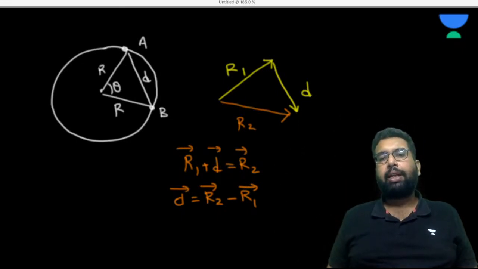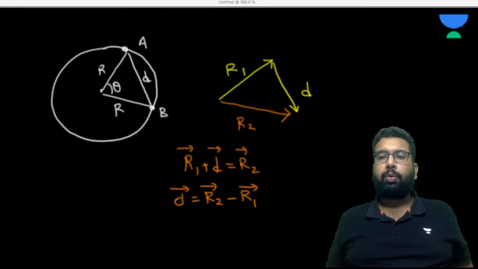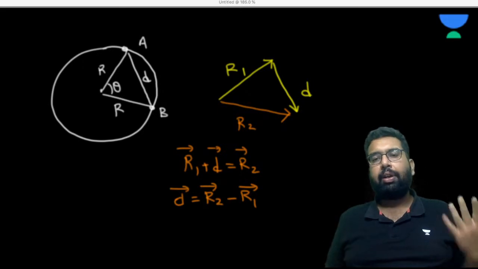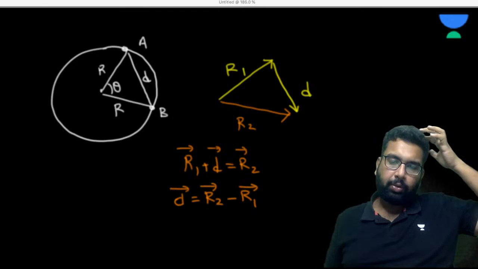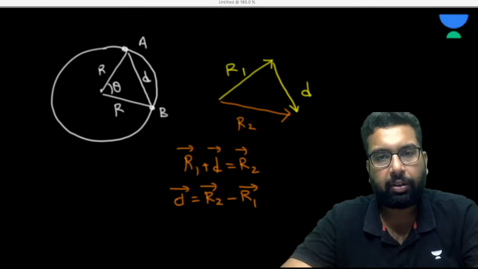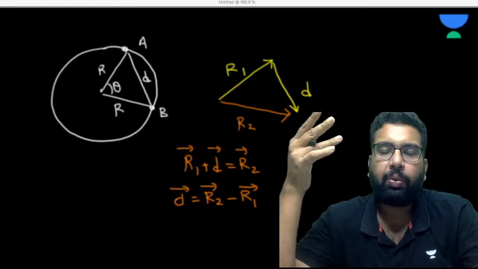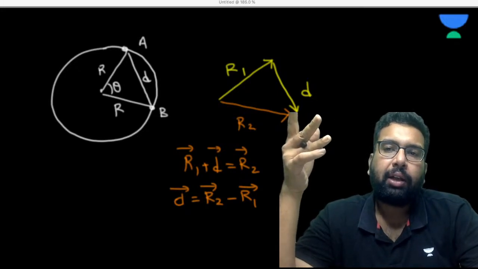So R1 plus D is equal to R2. D we wanted to find. So D is R2 minus R1. Then we move with the law of parallelogram of vector addition. So this R1 and R2, these are two vectors added.